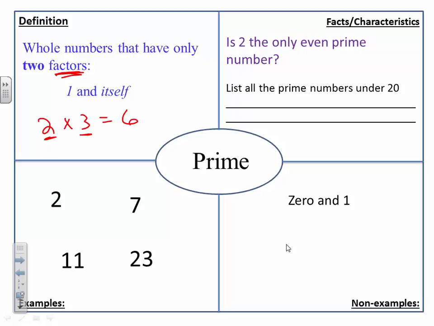They have their own rules anyway. They do not fit into the prime category. Some people think 9 is prime, but 3 times 3 goes into 9, right? So the 9 has more than 2 factors. And same with 27. A lot of times kids get mixed up. They think 27 is prime. 9 times 3 goes into 27.